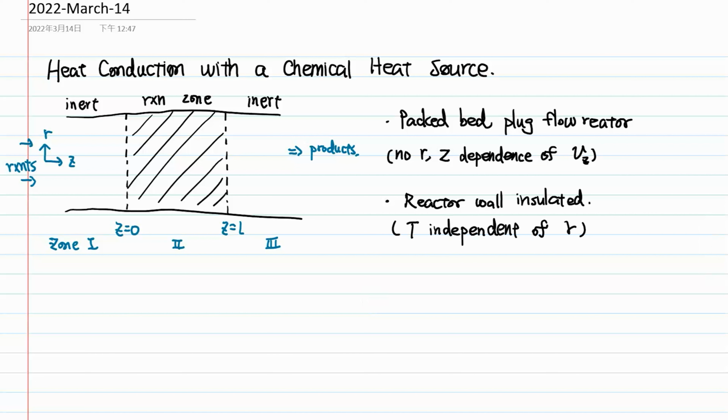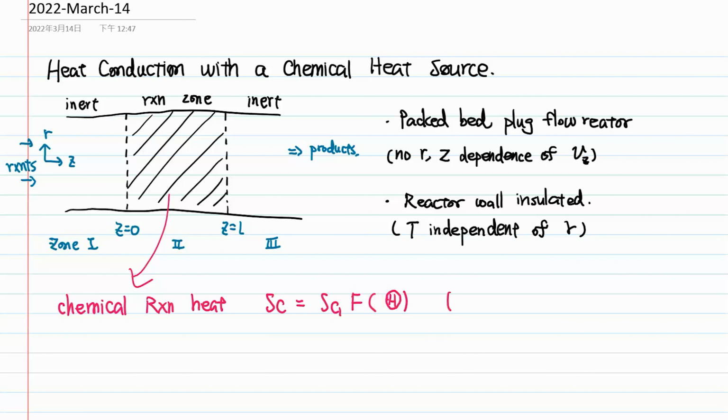And then let's say that in the reaction zone, you're going to have chemical reaction heat. For simplicity, let's call that heat S_C, which is equal to some constant S_C1 times f of the dimensionless temperature distribution.